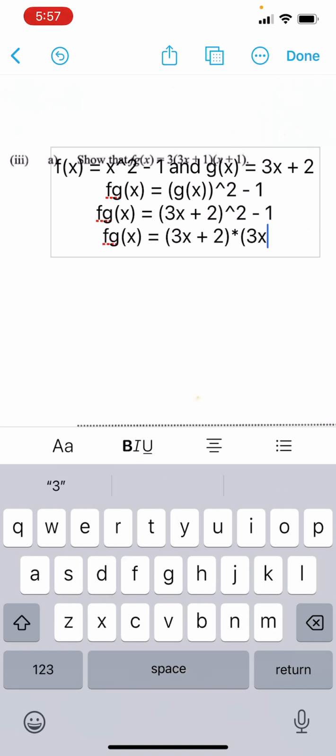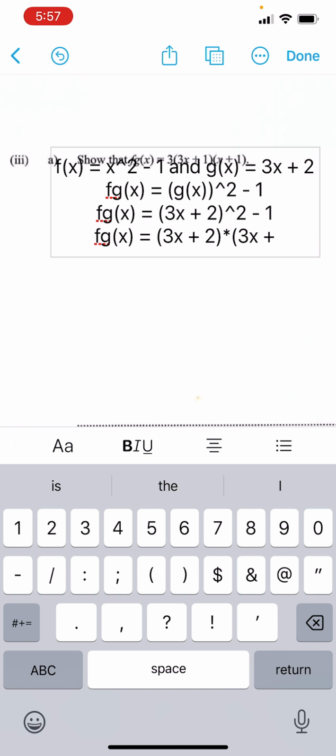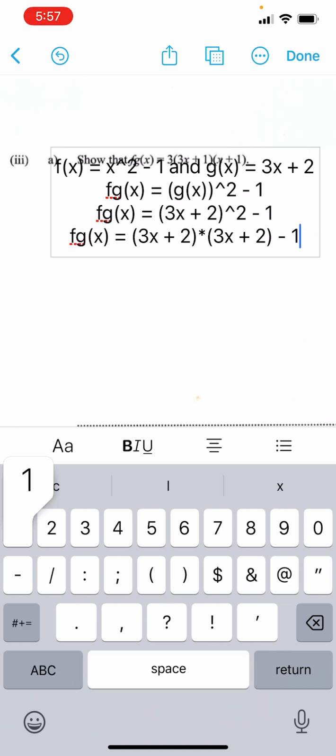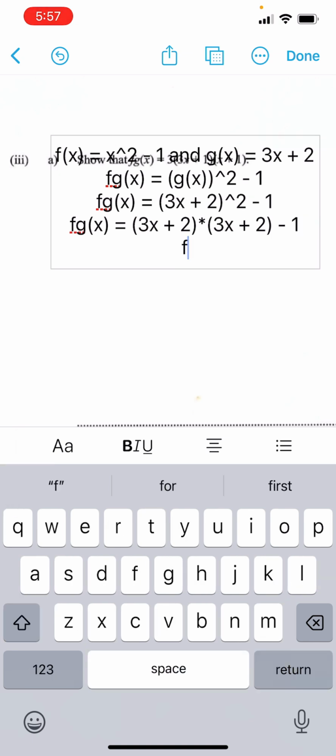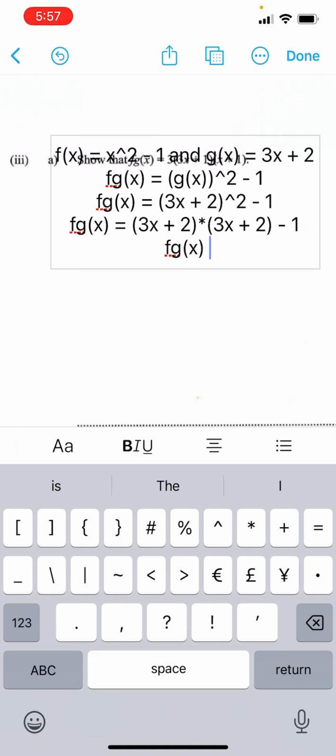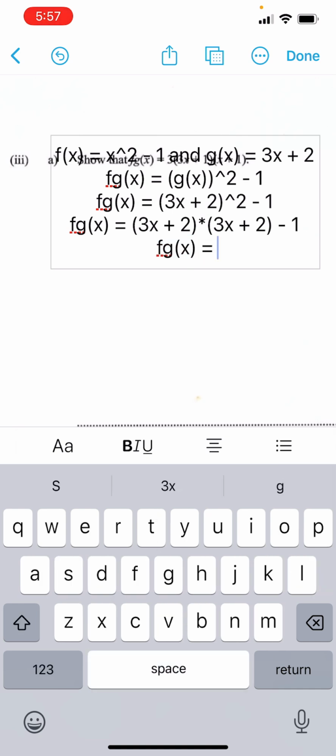Then 3x plus 2, right? Minus 1. Alright, f of g of x now will equal all of this.